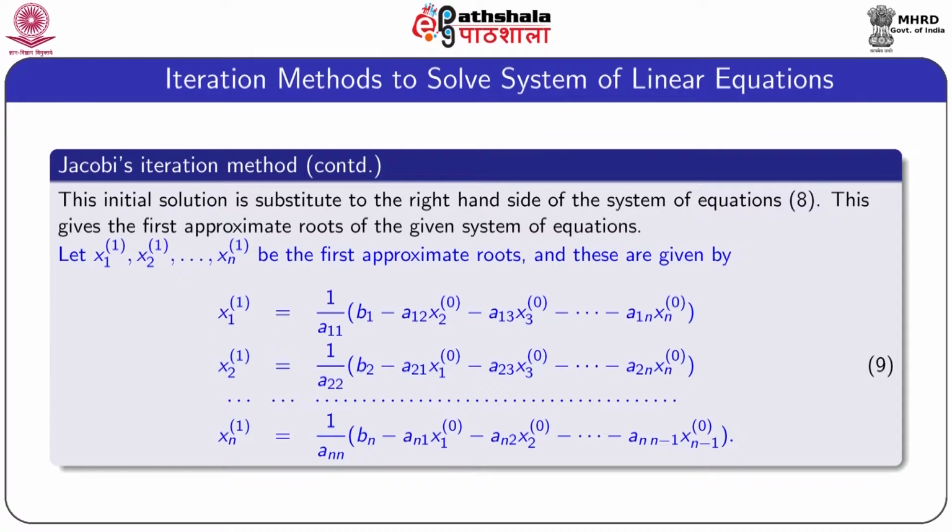That means the initial guess is substituted for x2, x3 up to xn to get the first approximate value of x1. Similarly, the initial guess of x1, x3 up to xn is substituted to get the first approximate value of x2. Similarly, for other variables.